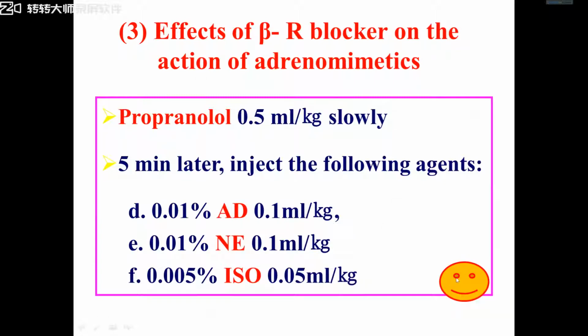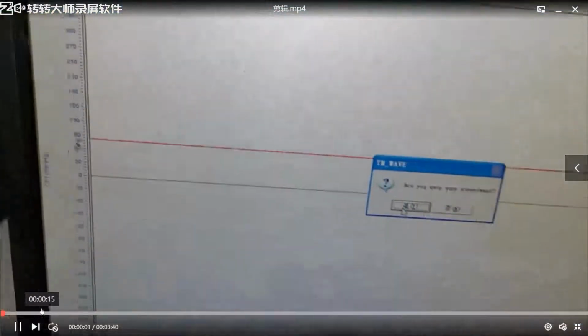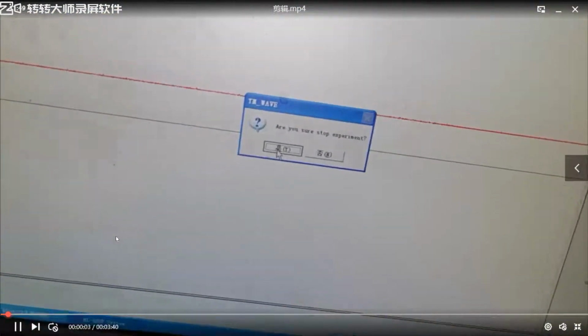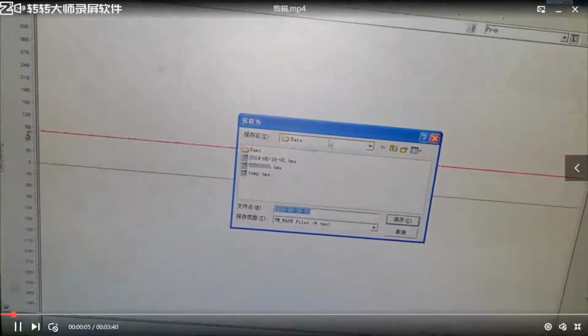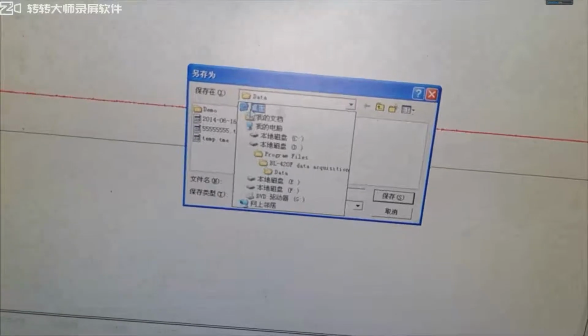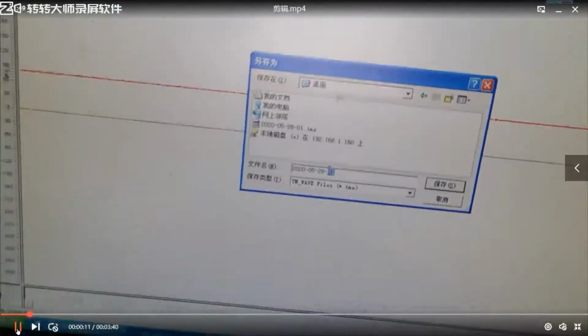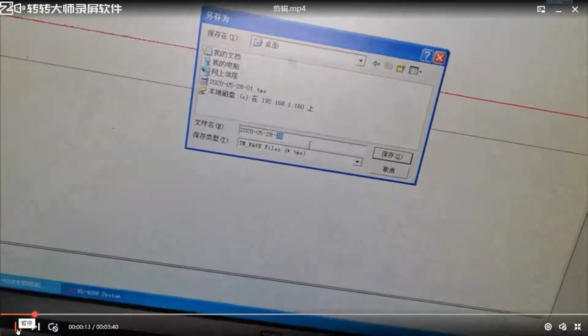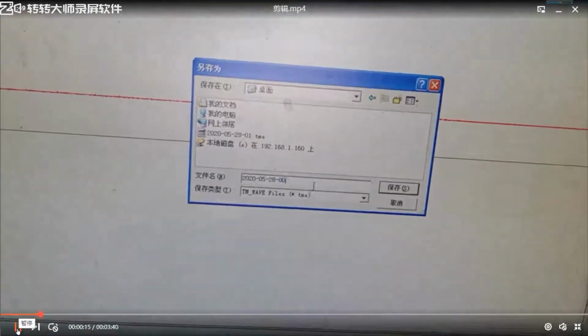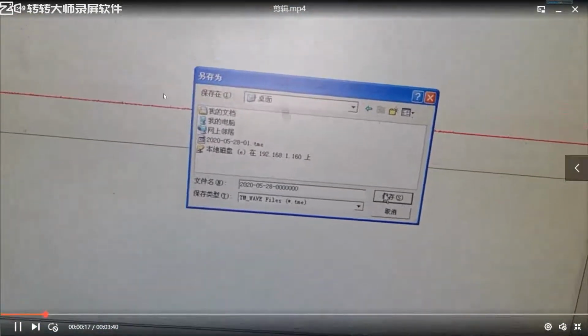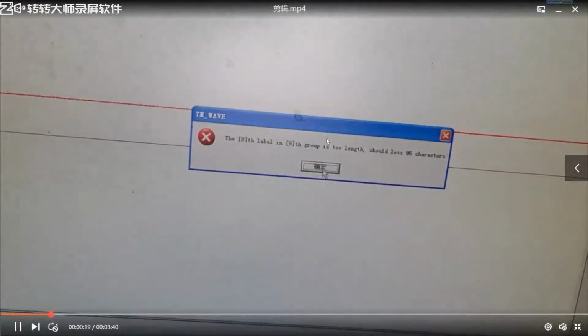So now we have injected all the drugs, the alpha-beta receptor agonists and the alpha-beta receptor antagonists. So we have finished our lab and can stop the computer.